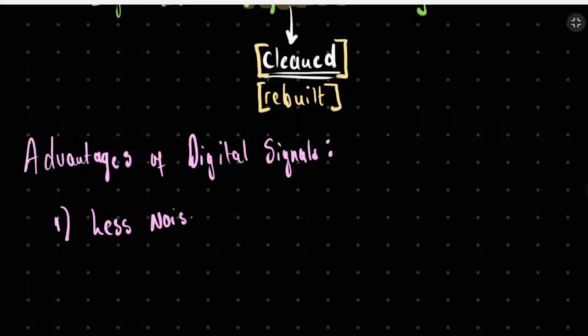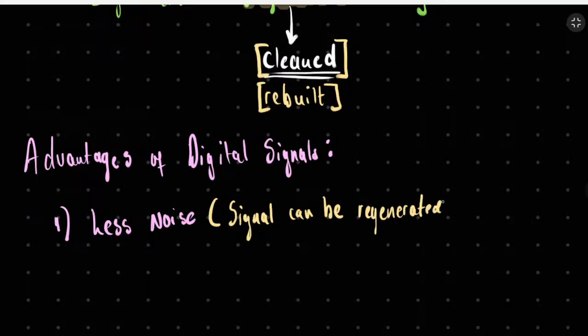Write this. It's boring, but we have to know it. Why? Because the signal can be regenerated. Number 2, it has a higher or larger range.